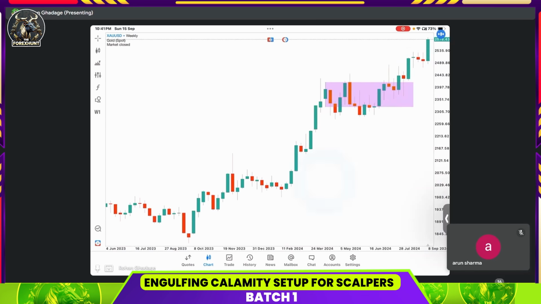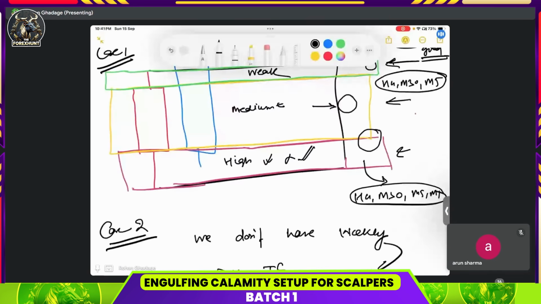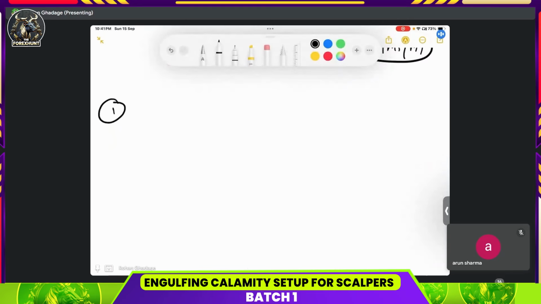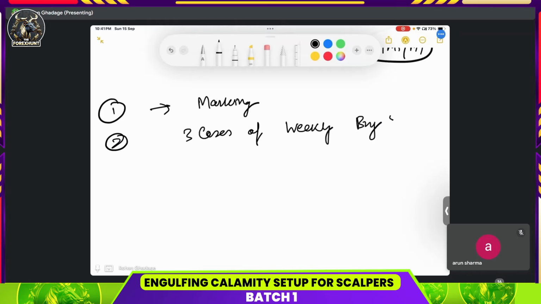Now I'm recalling all the steps we have done today in this class. We have completed our marking. We have completed three cases of weekly buy and weekly sell plus daily buy and daily sell.